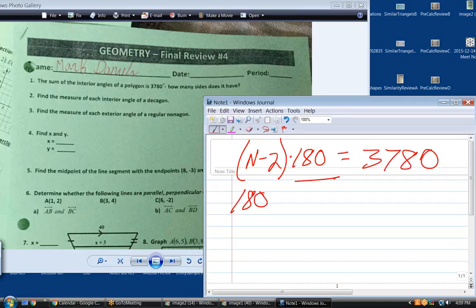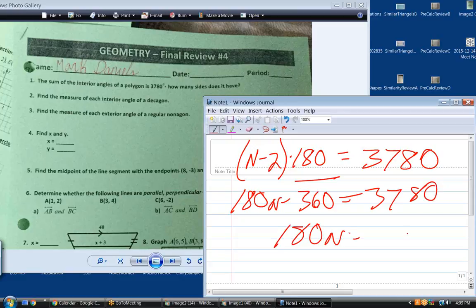So you get 180n minus 360 equals 3780. And then 180n equals 4,140. And n equals whatever that is divided by 180. Okay.